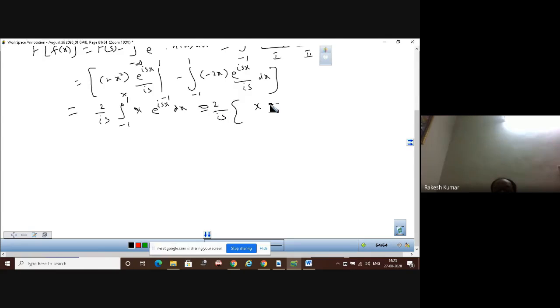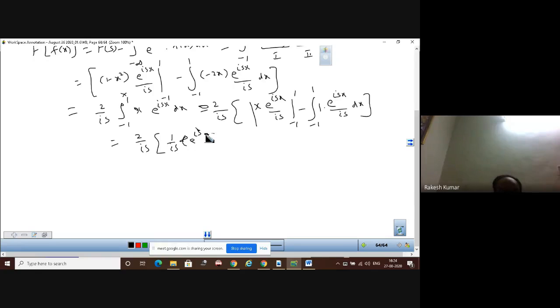First function x, as it is, integral of second, and the limits are minus 1 to 1, minus the derivative of x, that will be 1, into e raised to power iota s x over iota s dx. Now you can substitute the limits, and when you substitute 1 here, you will get e raised to power iota s.